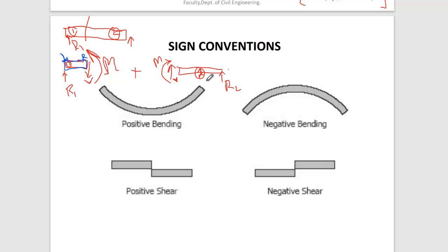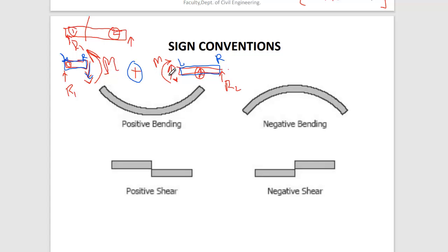If the section is on the right side of portion 1, so portion 1's right side is this, and the right side has downward shear and anti-clockwise moment, we consider that the positive sign.